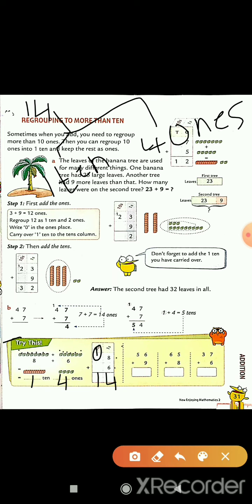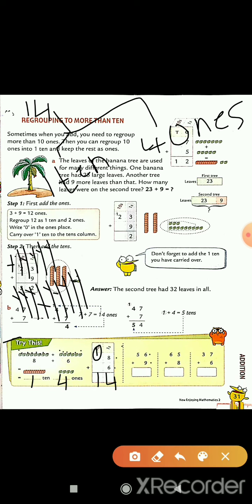At the place of ones, 6 and 9 are there. Just count 6 and 9 together. 1, 2, 3, 4, 5, 6, 7, 8, 9, 10, 11, 12, 13, 14, 15.